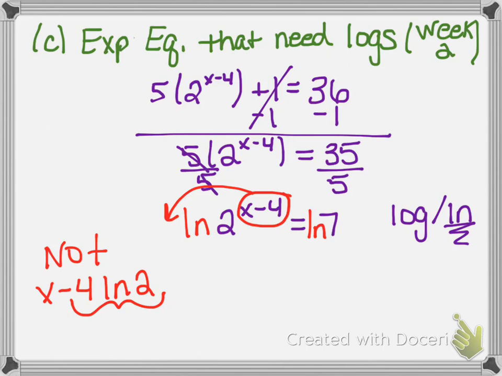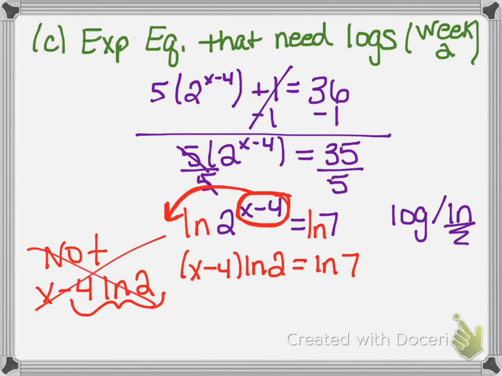And that's not true. Okay? The x minus 4 was the exponent, so the x minus 4 moved down to be the coefficient. So the whole x minus 4 is the coefficient to that natural log of 2. And that will drastically change the order that this equation would solve in. Okay, so it's not this.